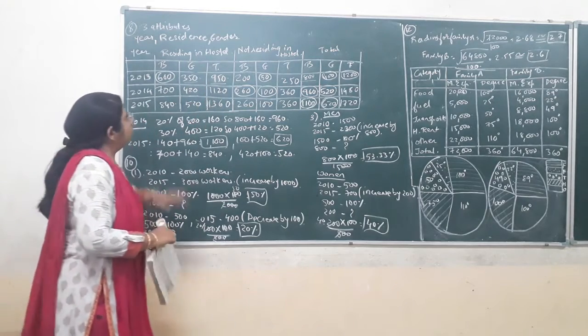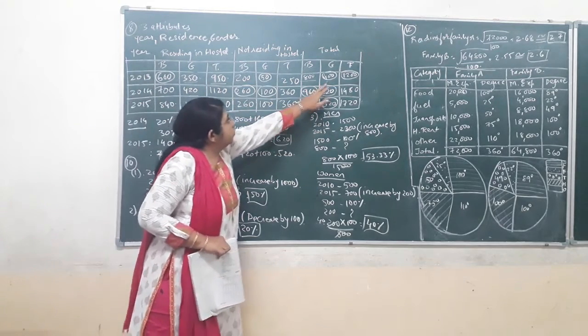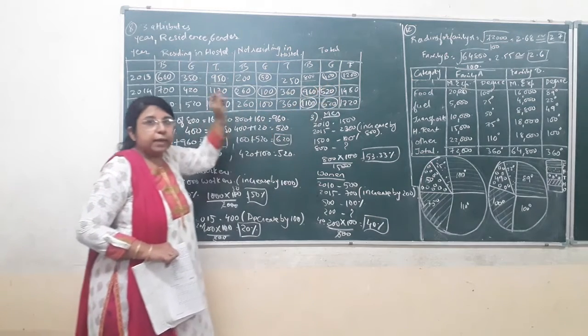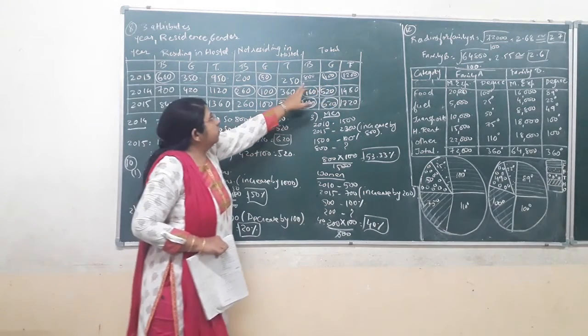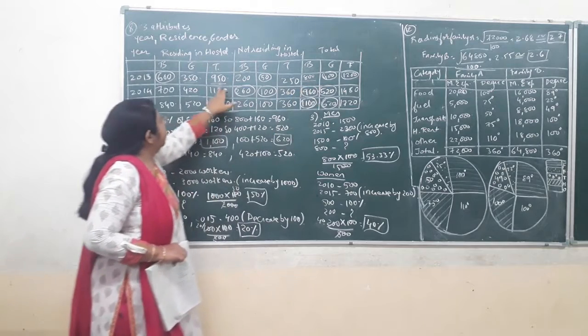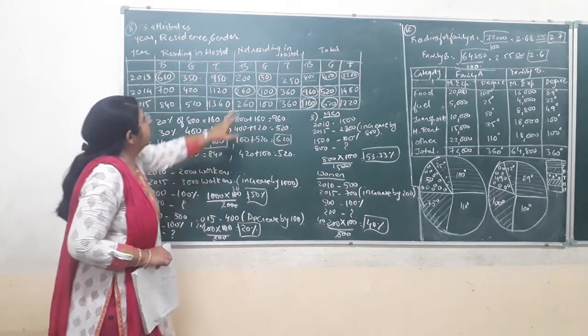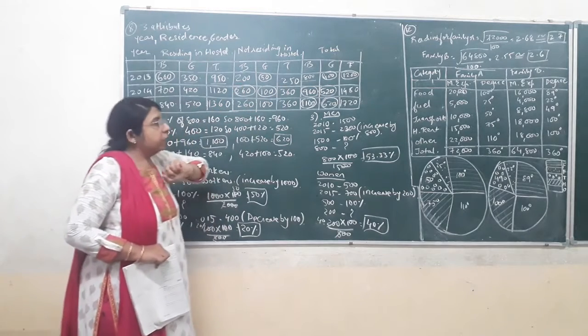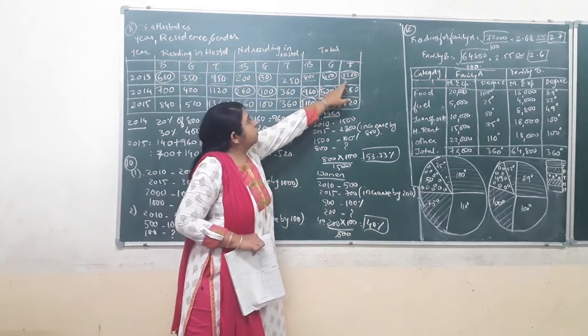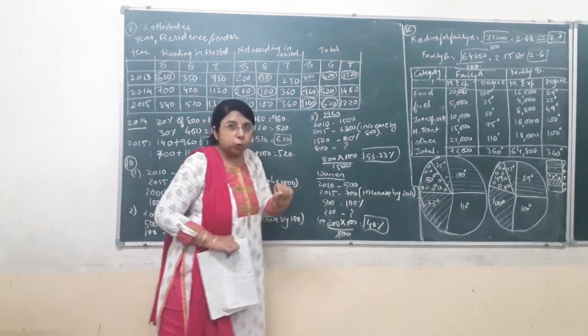So up till now in the year 2013, the values that we have circled have been given to you in the question, and the values that are underlined, we have found. Now easily you can find the remaining two values also. See, the total number of students for the year 2013 is given as 1200.